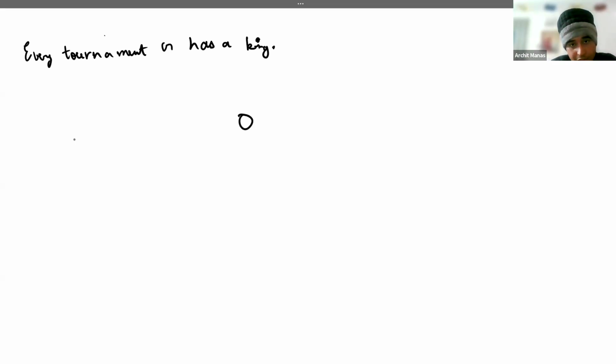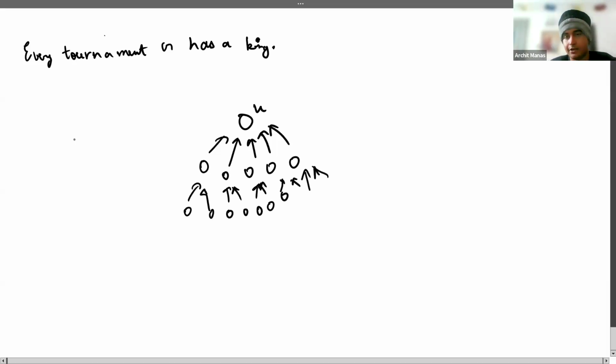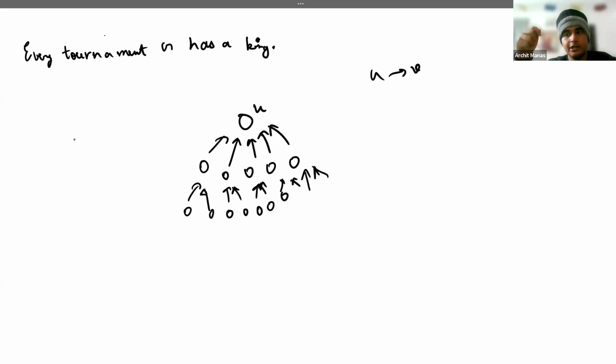A king is a vertex U such that there is a directed path of length at most 2 from every vertex to U. If we say U maps to V means V beats U, then that means that either U beat U. Okay, that sounded very horrible.